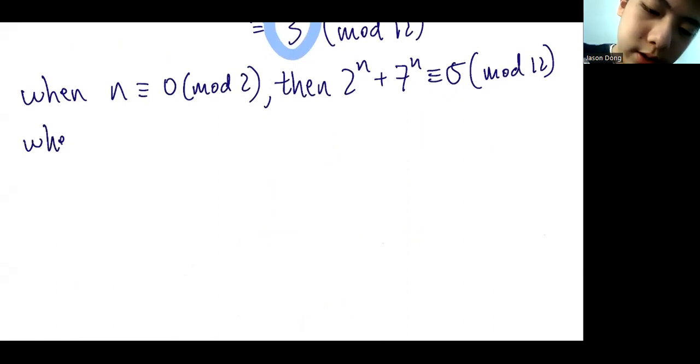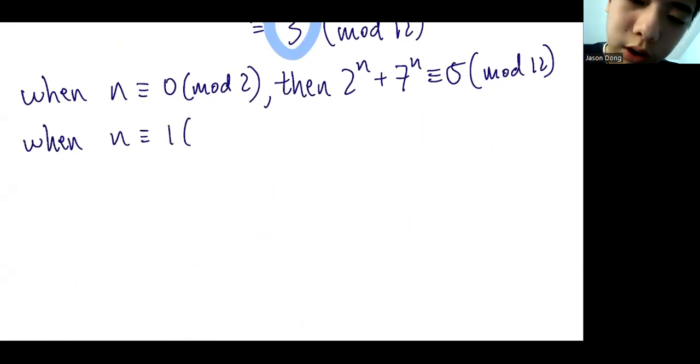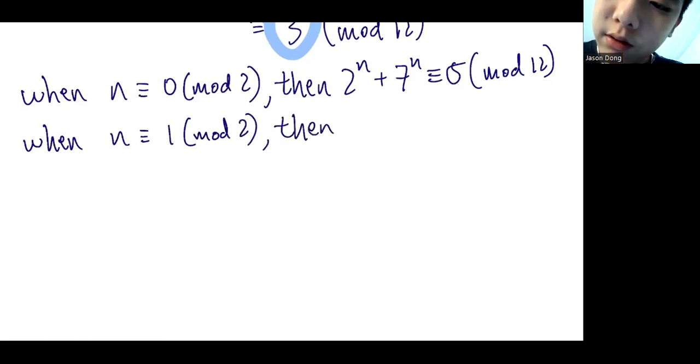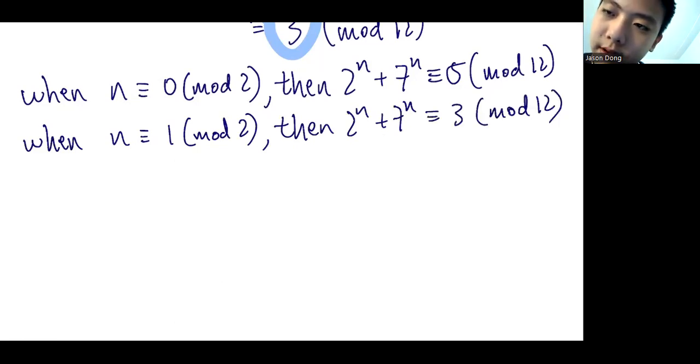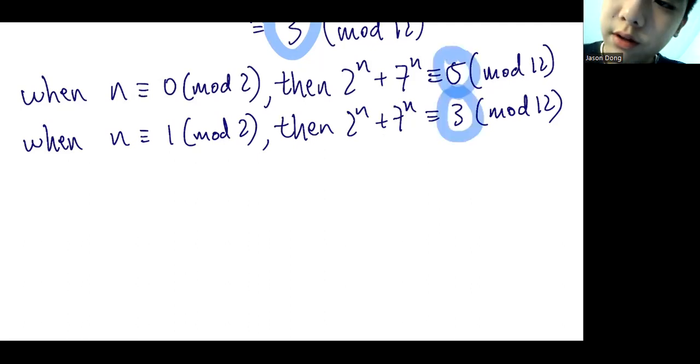And when n is congruent to 1 mod 2, then 2^n plus 7^n is congruent to 3 mod 12, as we calculated. So we know that only 5 and 3 are possible values of mod 12. But we need to think of the properties of square numbers when we're dealing with this.